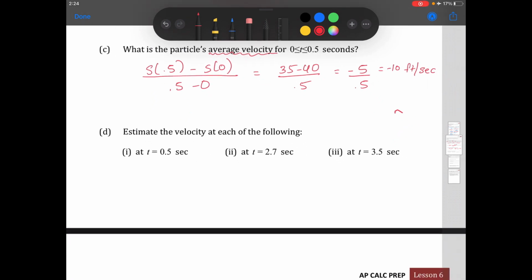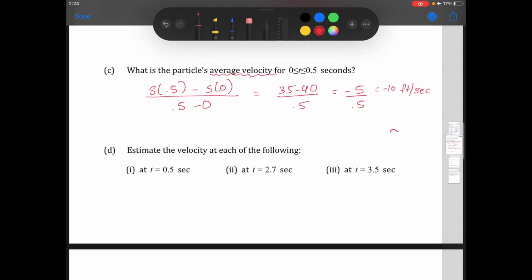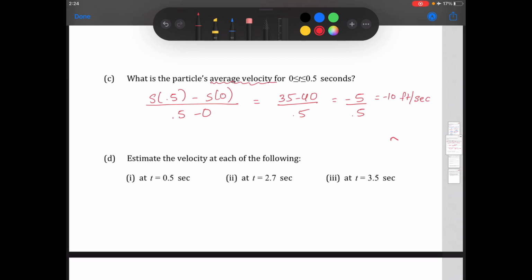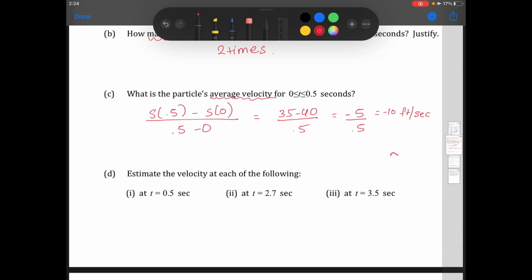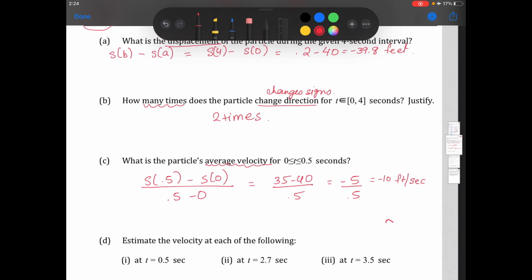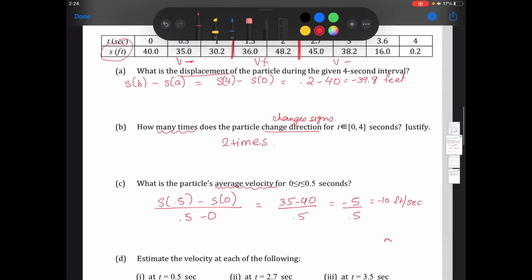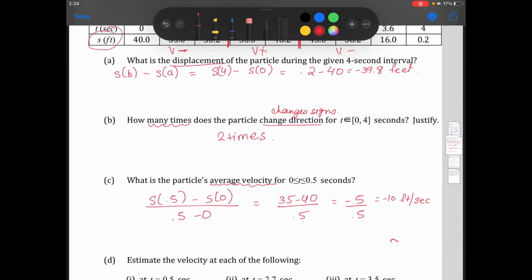Okay, I just want to talk more about this. Estimate the velocity at each of the following. So basically, we are estimating the velocity using the position, which is basically saying find the average rate of change or the slope. There are multiple ways you can find it here. I'm going to just zoom in a little so we can see the table also.